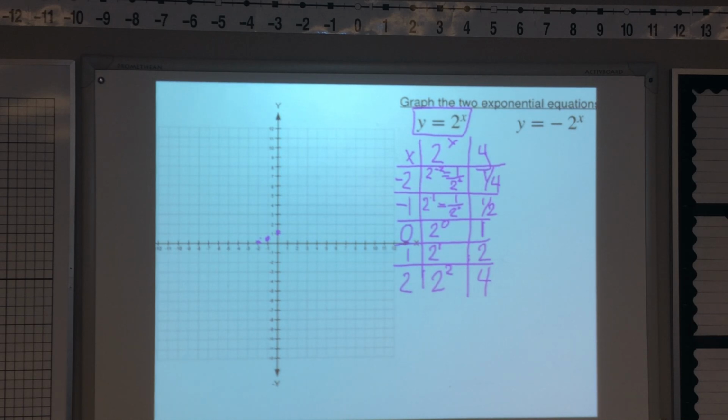And at 1, I'm up to 2. And at 2, I'm up at 4. So you should end up seeing that this curves upwards. It starts really, really close to that line, and it curves upwards. That's an exponential function.